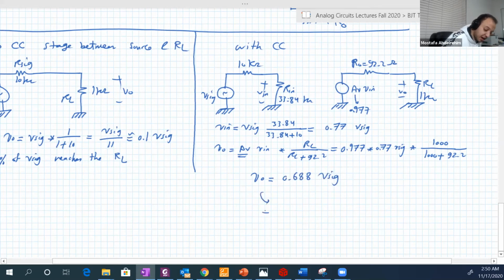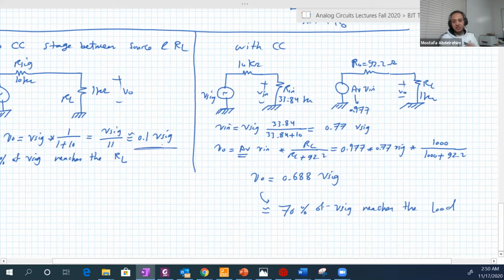So around 70% of V signal reaches the load, while before it was only 10%. That's actually the advantage of having this common collector amplifier.